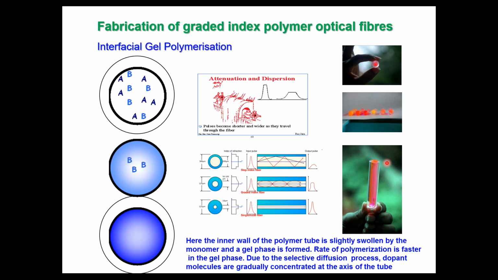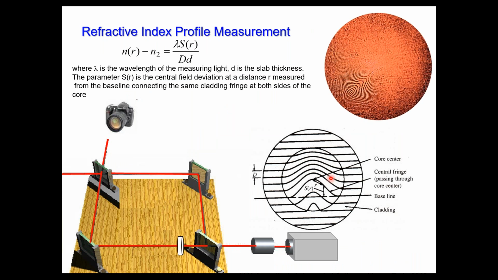So you can see a rod that is polymerized accordingly. And we can confirm that the refractive index of this kind of plastic is really graded. One experiment that can be performed to characterize this graded index plastic rod is Mach-Zehnder interferometry.